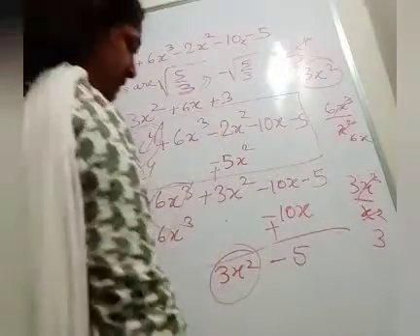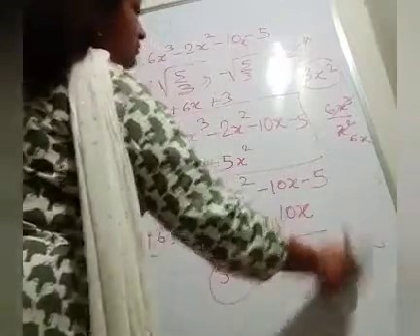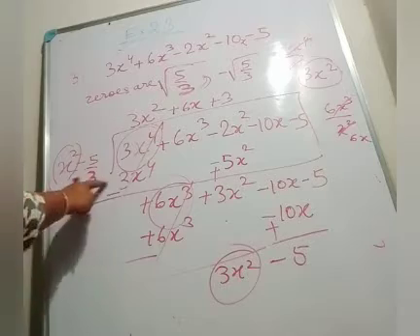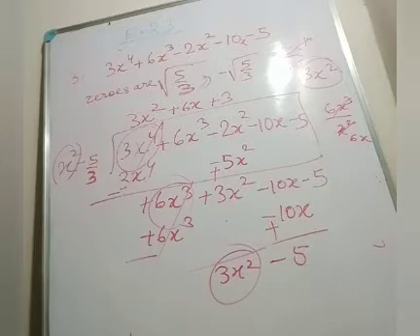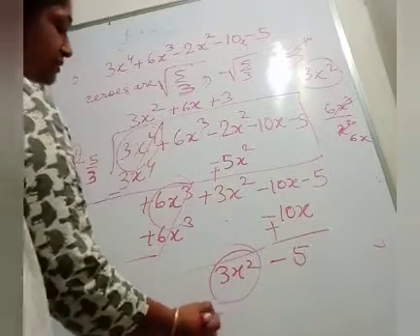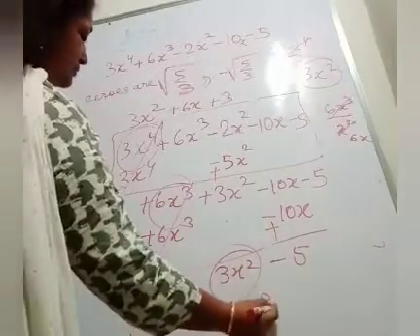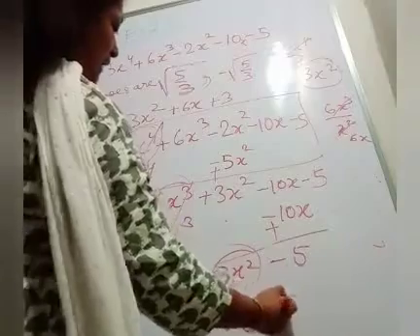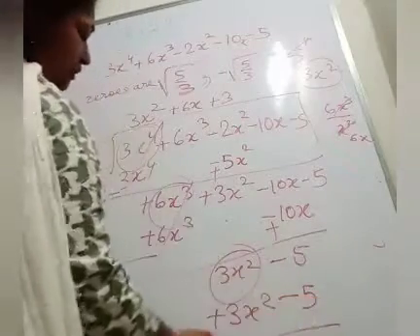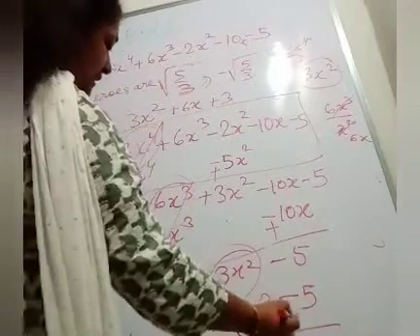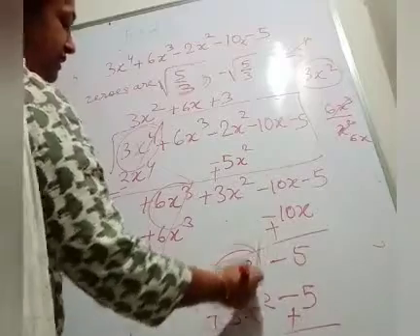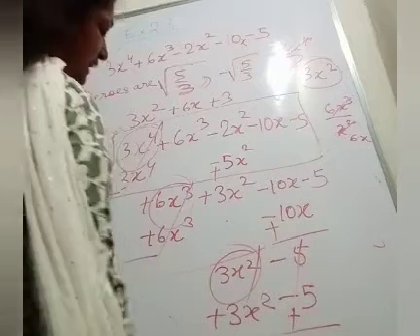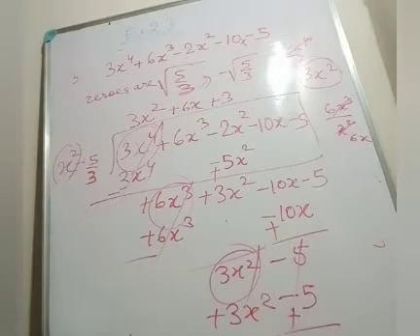Now multiply this plus 3 with the divisor x square minus 5 by 3. We will get plus 3x square. Minus 5 by 3 when multiplied with 3 will become minus 5. Now subtracting by changing their sign, 3x square minus 3x square is 0, minus 5 plus 5 is 0. So hence the remainder becomes 0.